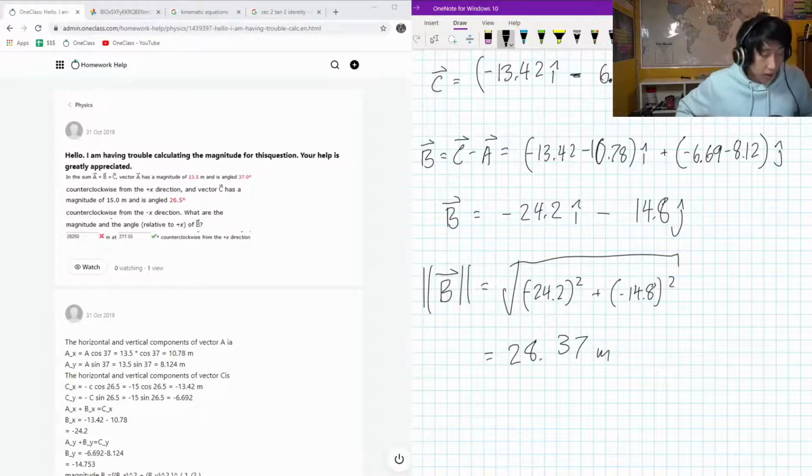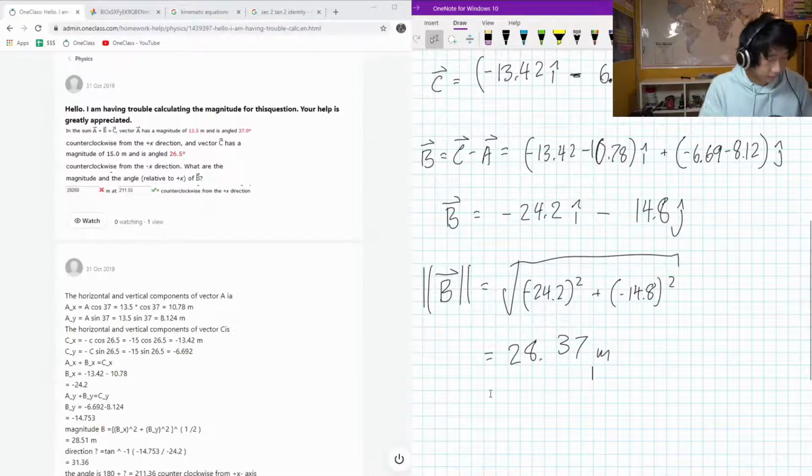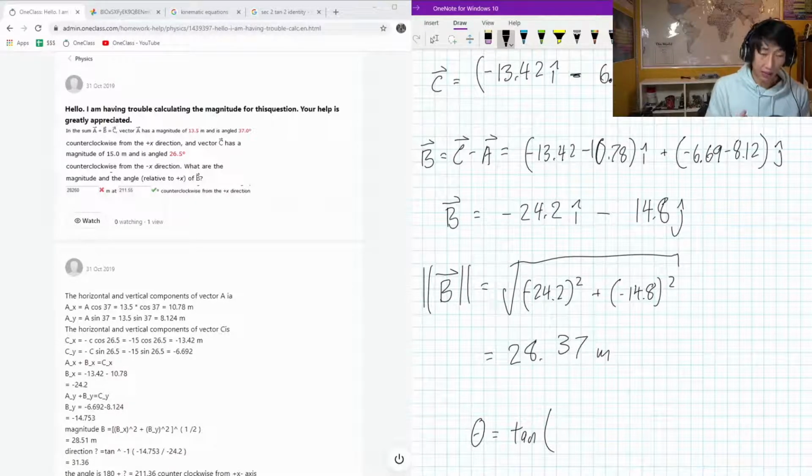And to find the angle, well, we have to find the inverse tan of this. So the inverse tan is going to be the y component divided by the x component. So the y component is negative 14.8, and the x component is negative 24.2.